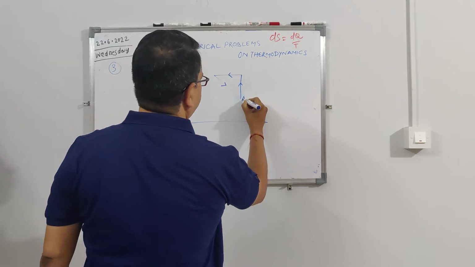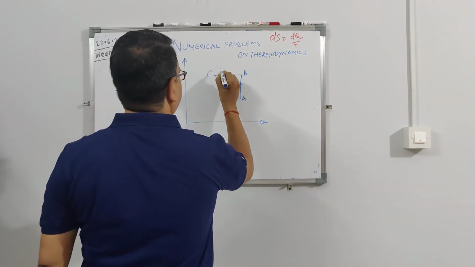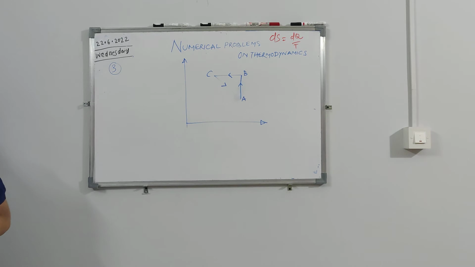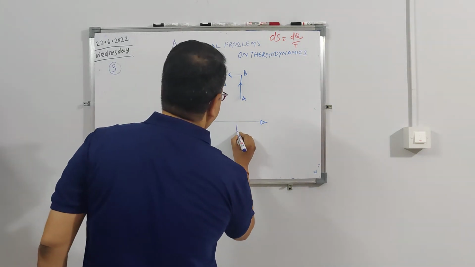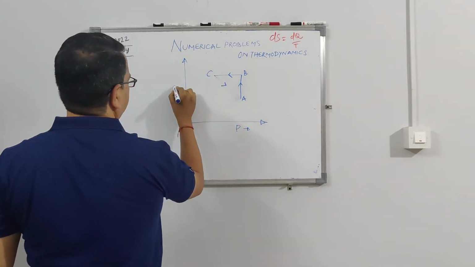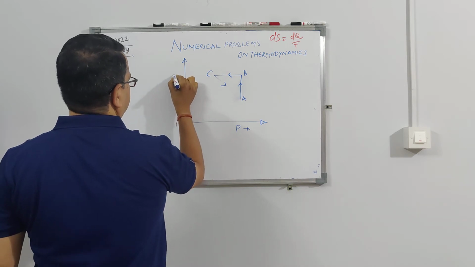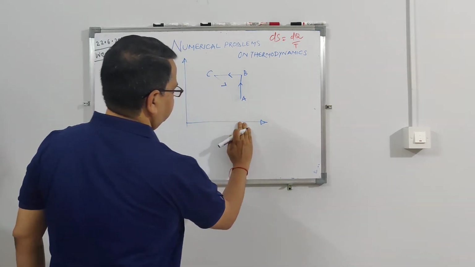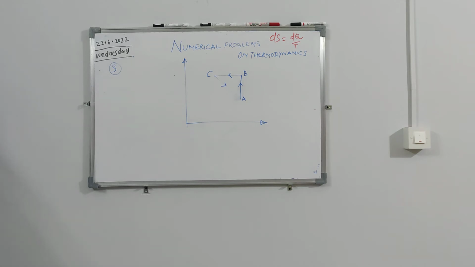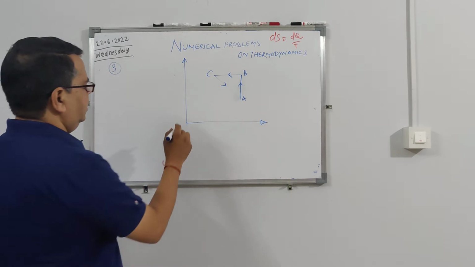So it starts at point A, goes to point B, and then goes to point C, then comes back to its original position. X and Y axis are like, say, pressure here and volume here.